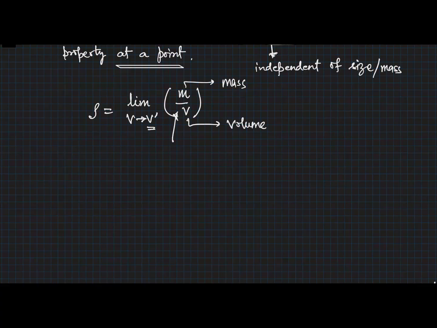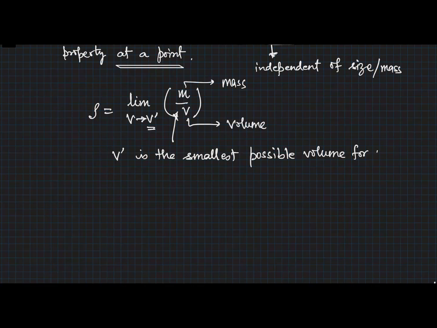So V dash is the smallest possible volume for which the ratio, M over V or density, does not change.